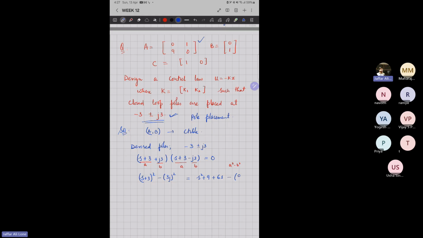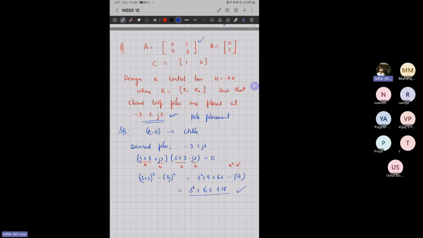It will be 9 and j square is -1, so it will be -9. Is that correct? Then it will be s square plus 6s plus 18. Anybody has any doubt here? Is it clear until here?